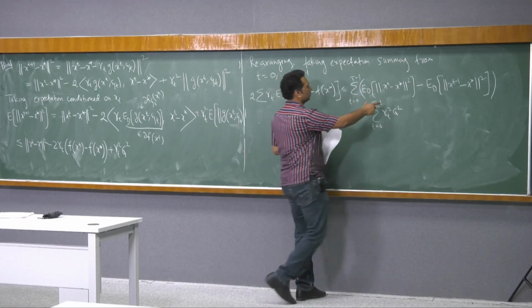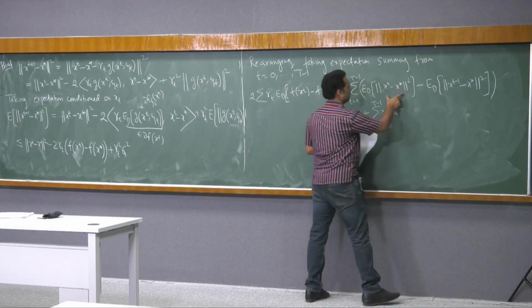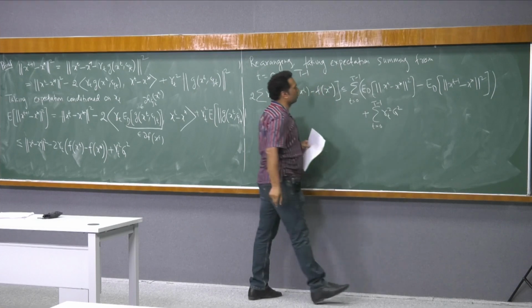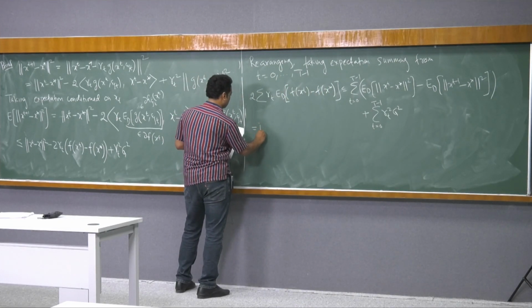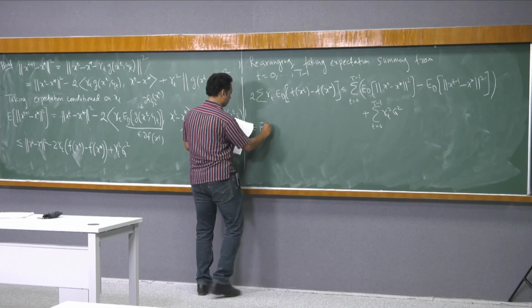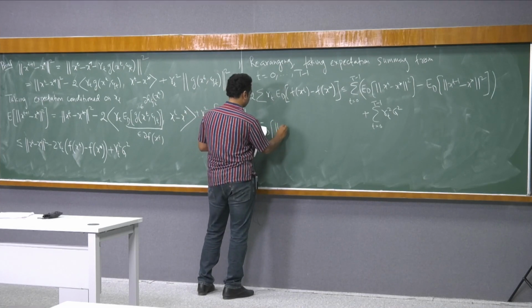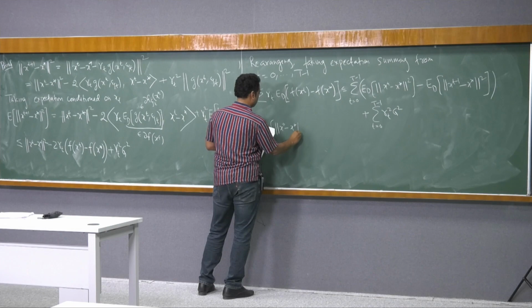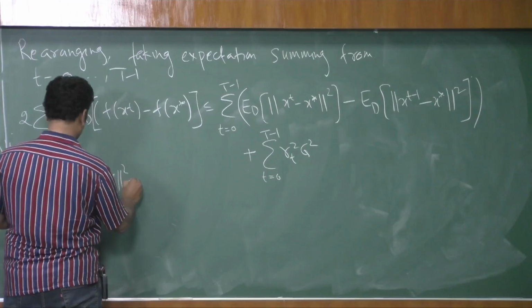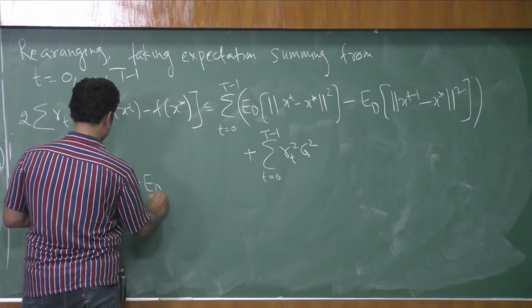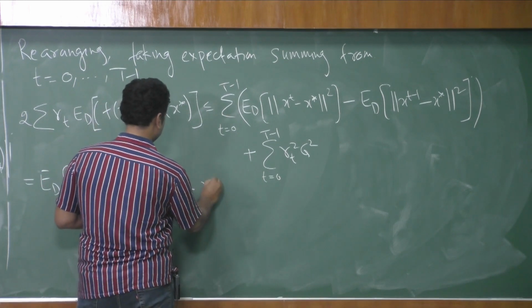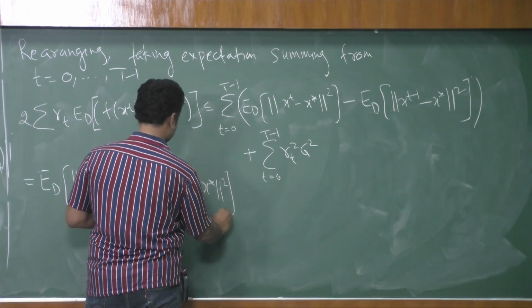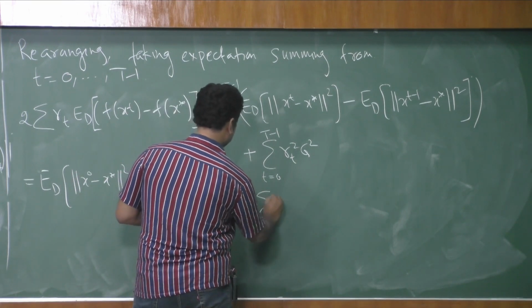Because of the cancellations of these intermediate terms, only the boundary terms will remain. So that's what we will write as the next step. So this is expectation of norm of (x naught minus x star) whole squared minus expectation of norm of (xt minus x star) whole squared, and the last term remains as it is.